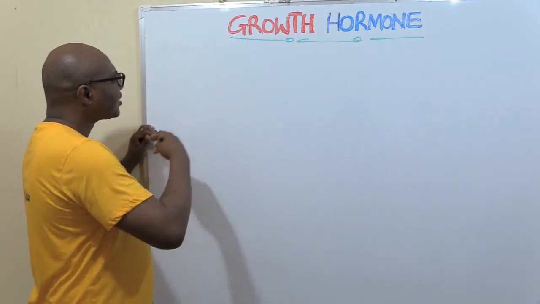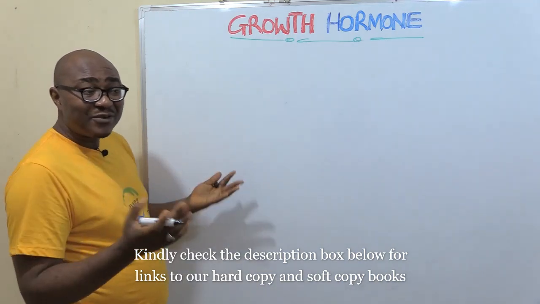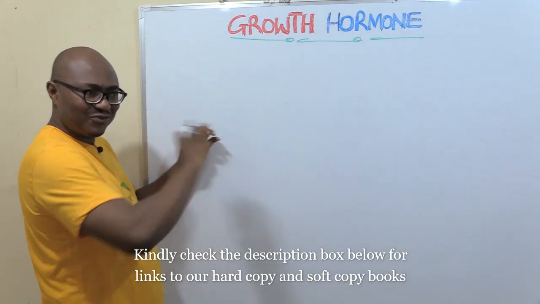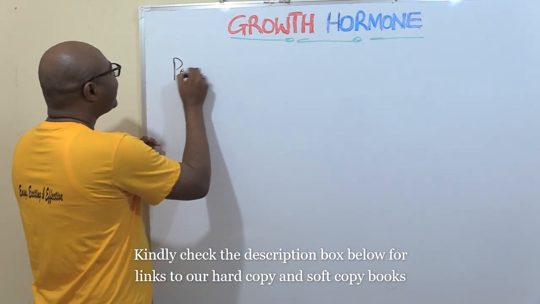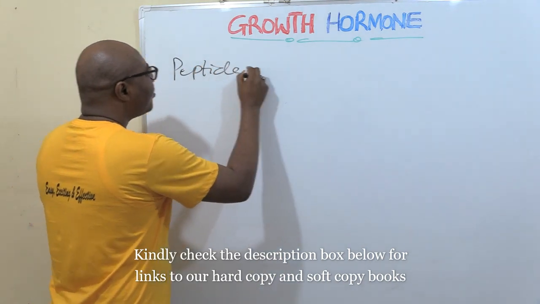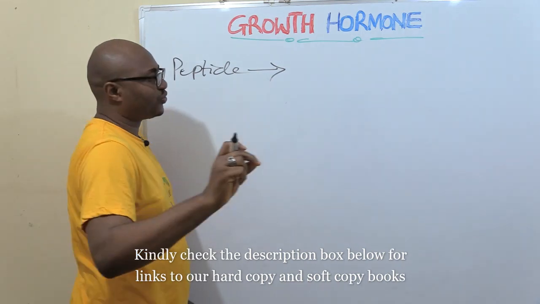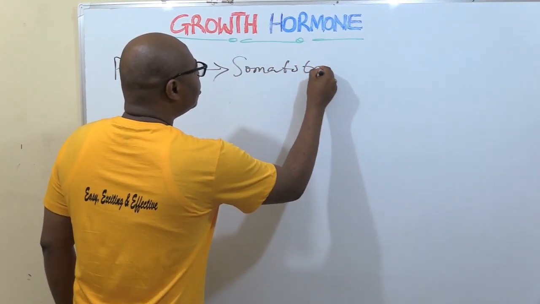Now, growth hormone, first of all, is a peptide hormone produced from the pituitary gland. That's easy to know because we've already studied the pituitary hormones. It's produced not just by the pituitary gland but by a group of cells known as somatotropes.